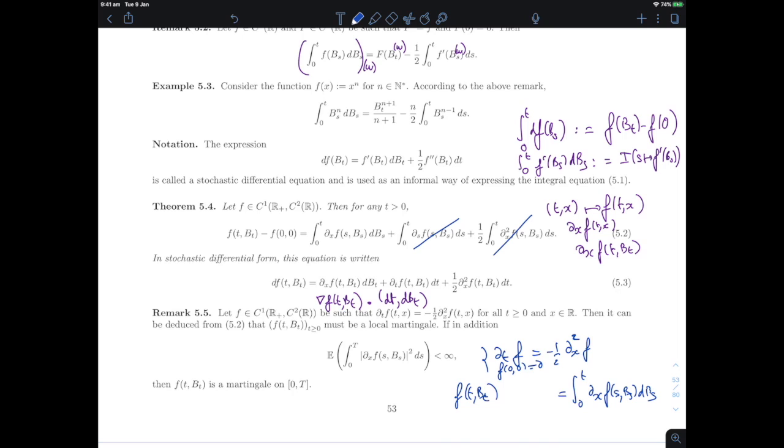And it generalizes to functions not just of the Brownian but of time and the Brownian. It allows us to check whenever such a function defines a martingale, and it's going to be the key technical tool in solving our SDEs. So it's about time we see the proof, and we'll do that in the next video.